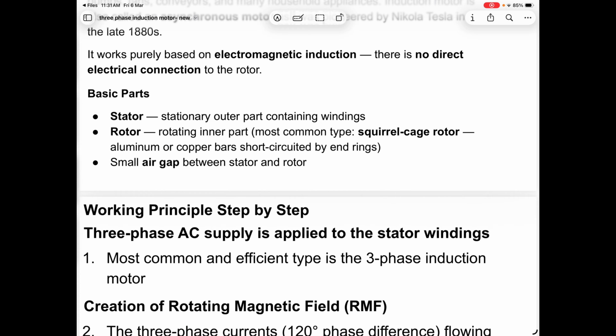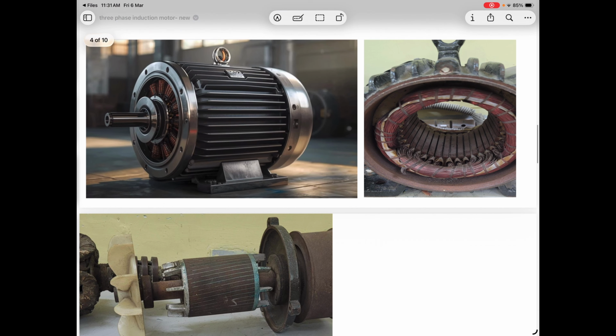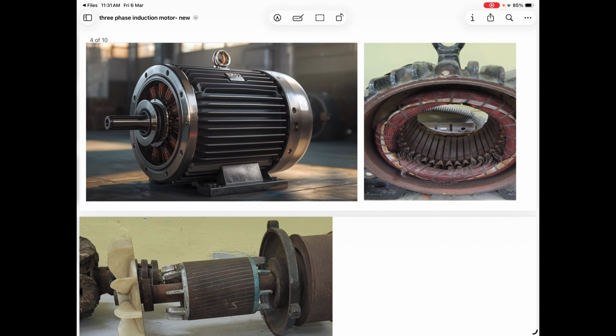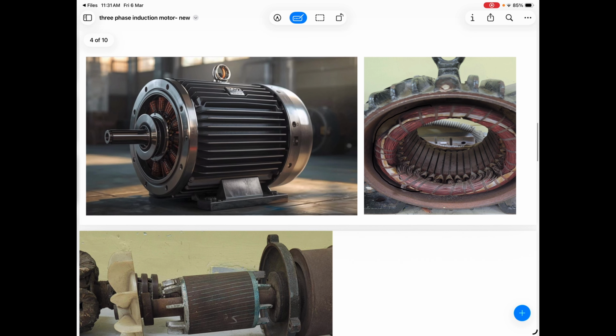lab. So the stator is a stationary part. You see, this one is the actual motor pole, and this is the stator winding.